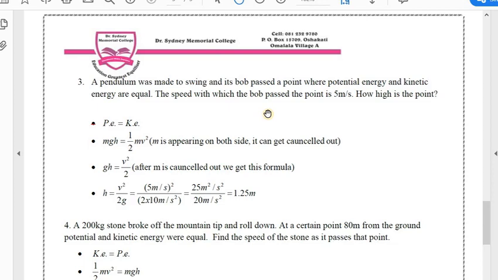Now when you're solving, observe, there is an s squared on the denominator and an s squared on the numerator, so they cancel out, they are gone.